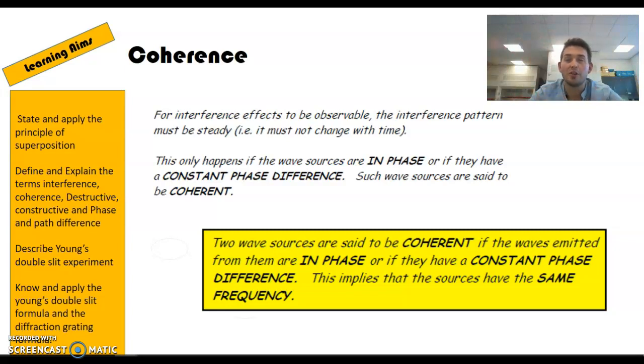They may get some local changes, but if they're not coherent, you won't observe these great constructive and destructive effects. So two waves are said to be coherent if the waves emitted from them are in phase, or if they have a constant phase difference. This implies that the sources have the same frequency and thus the same wavelength, if they're the same type of wave in the same medium.